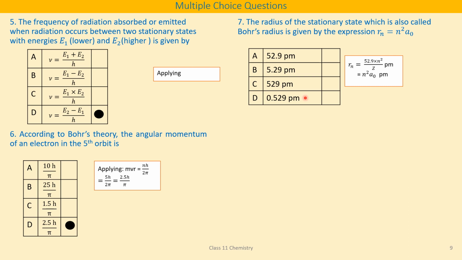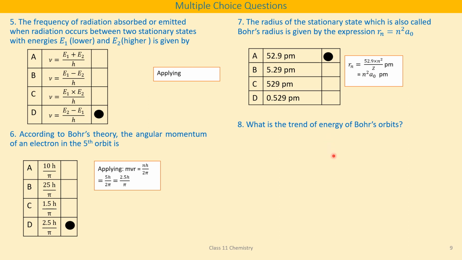You have to do some calculations. Rn is equal to, we should remember the formula, 52.9 into n square divided by Z. And the value of 52.9 divided by Z is a0. So the value 52.9 is appearing as option A. Please mark it.